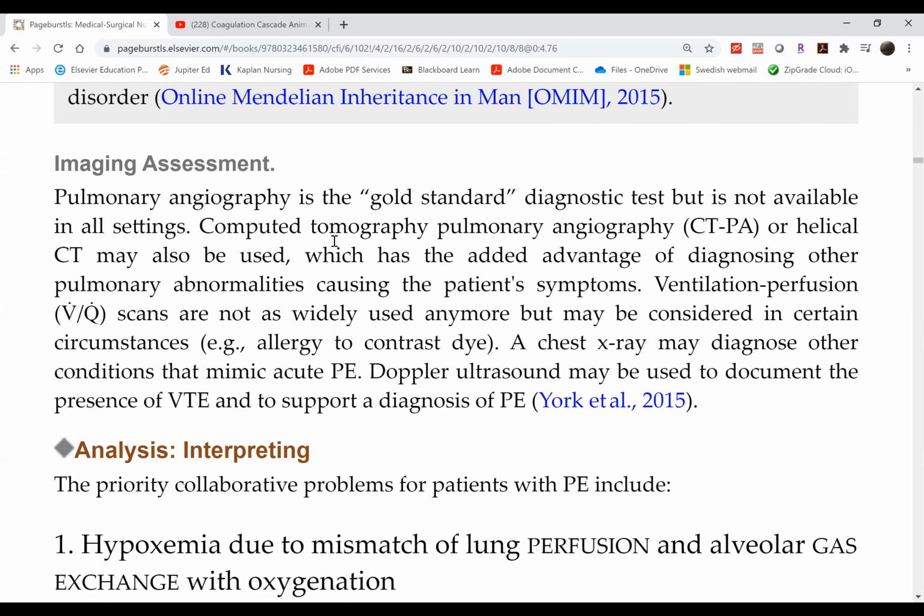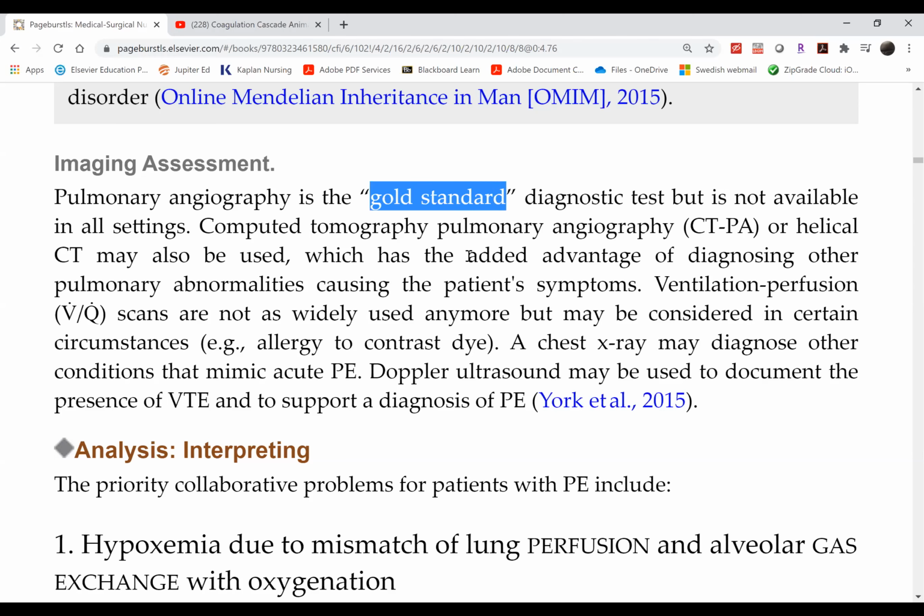So after the stat blood test came back positive for the D-dimer, your BNP was negative, troponin was negative, so all our blood tests are pointing towards a blood clot, either a DVT and/or a PE. Then the doctor orders the CAT scan. The CT angio here is the gold standard. We have to literally find the blood clot or blood clots.